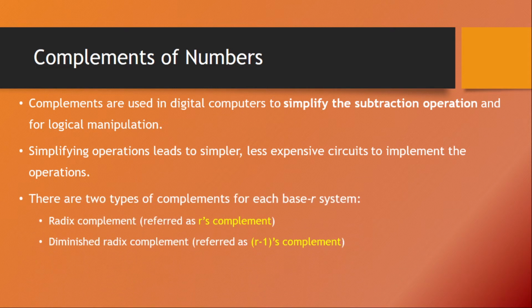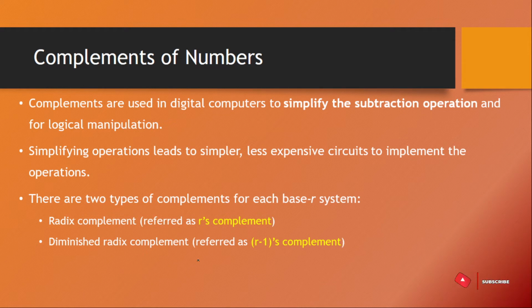Ultimately, there are two different types of complements for every base system, or base is also called radix, in any number system. The two types of complements here: one is radix complement, which is commonly referred to as R's complement, and the second one is diminished radix complement, which is also called R minus 1's complement.